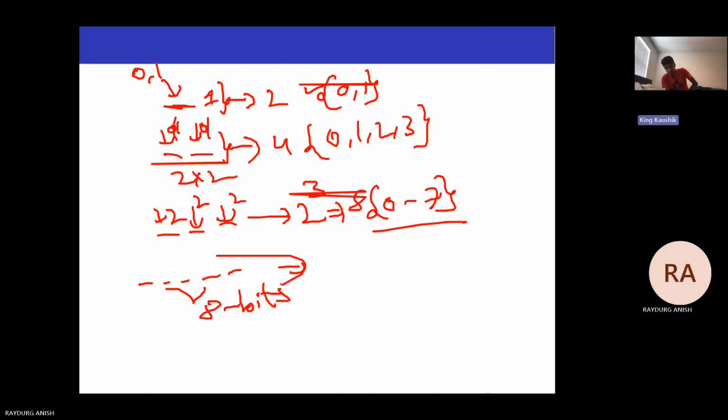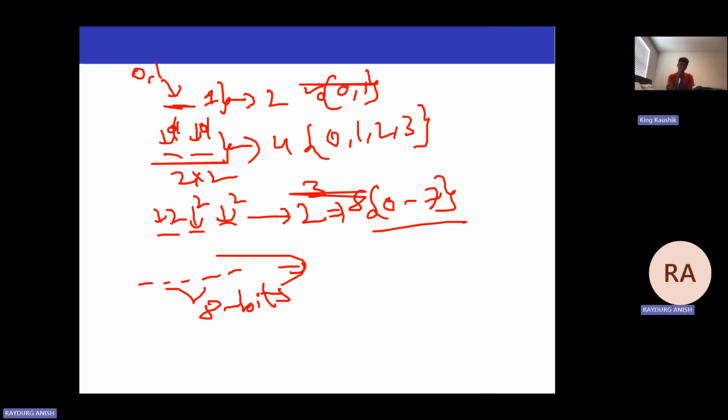If you have 8 bits, is it 0 to 7? 0 to 7 is for 3 bits. See, there is nothing complex. You just need to think.